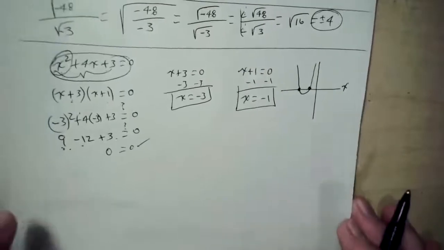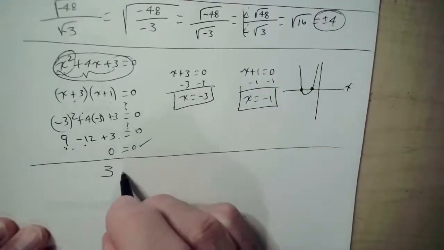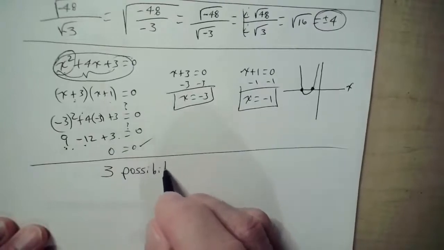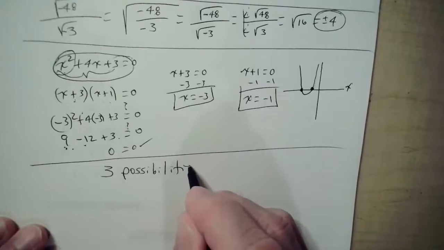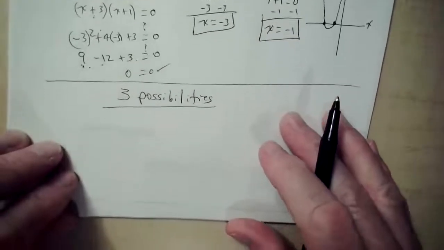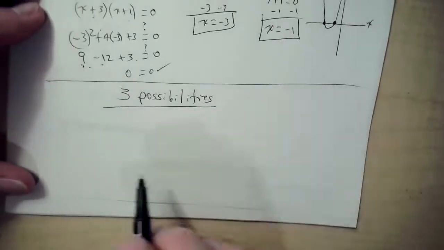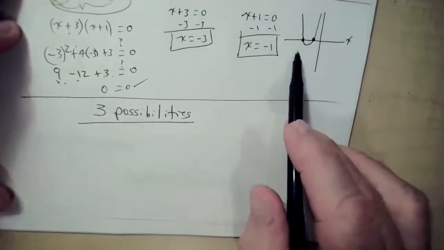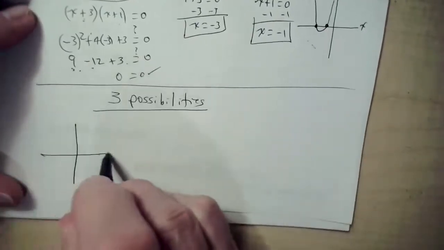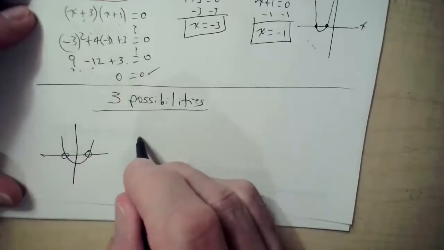Now we have 3 possibilities with quadratics. 3 possible things can happen with a quadratic. You can have, like we had here, 2 solutions.